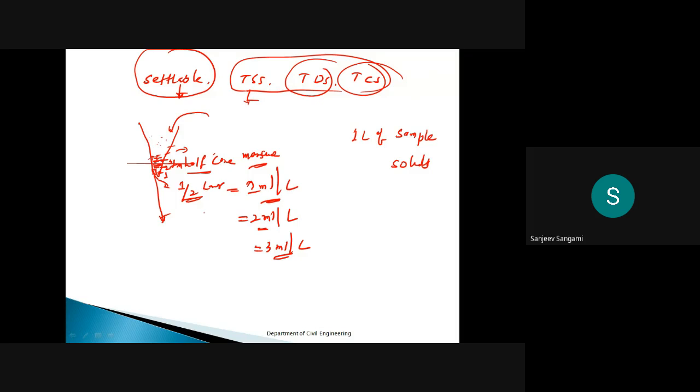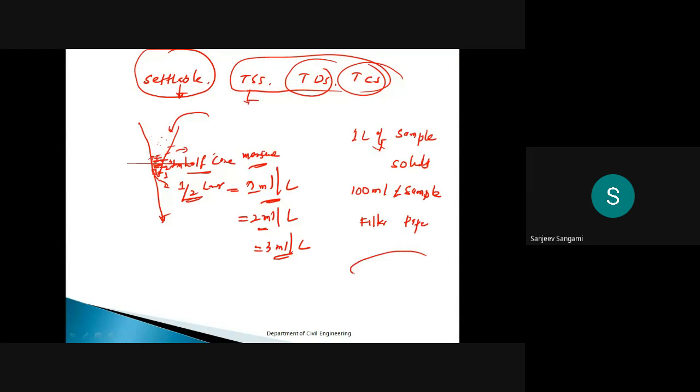If you want to measure total suspended solids, take 100 ml of sample from this same sample and filter it using filter paper. We have to use filter paper here.